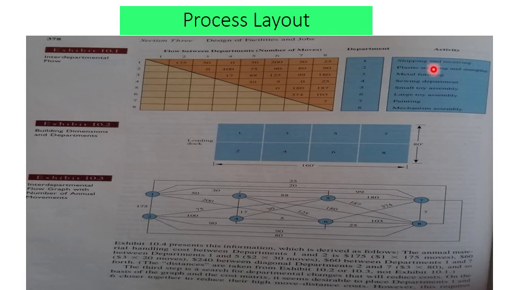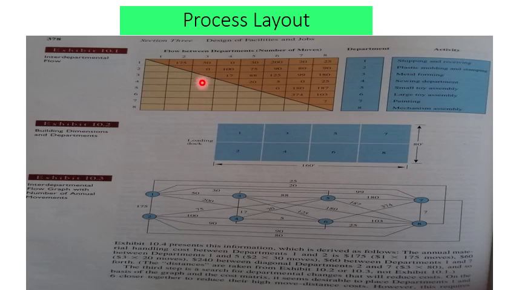For example, Department 1, shipping and receiving, Department 2, plastic molding and stamping, Department 3, metal forming, and so on. These are the activities in each department. And this is the configuration of the building, which consists of those 8 departments.